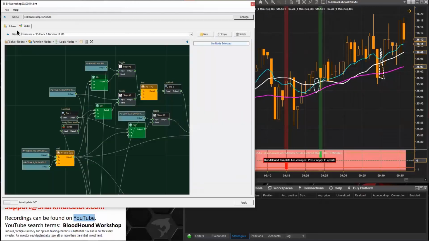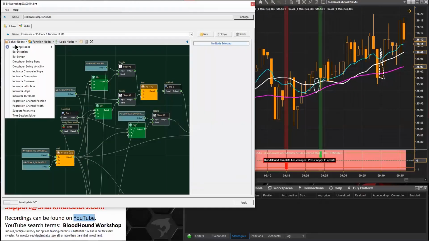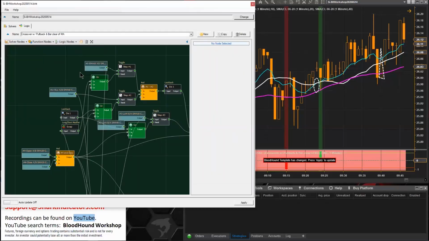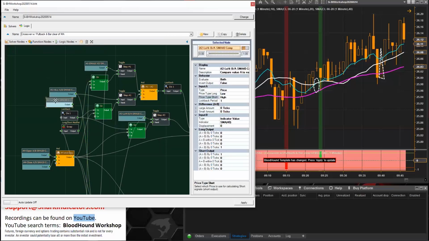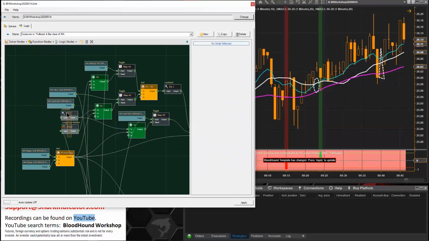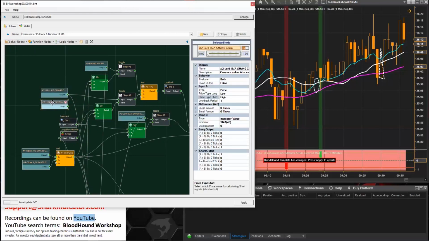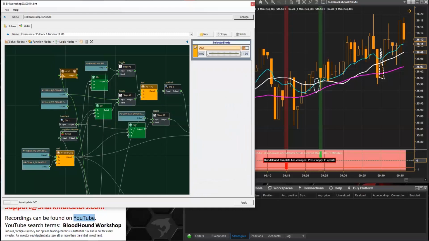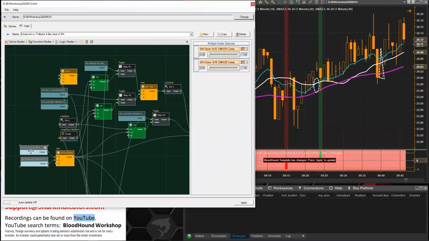So let's go to our solver nodes, existing nodes, and there's that new number 2 solver that we made. Let's move this down. We need to put both of these into an AND node, kind of like what we did down here.